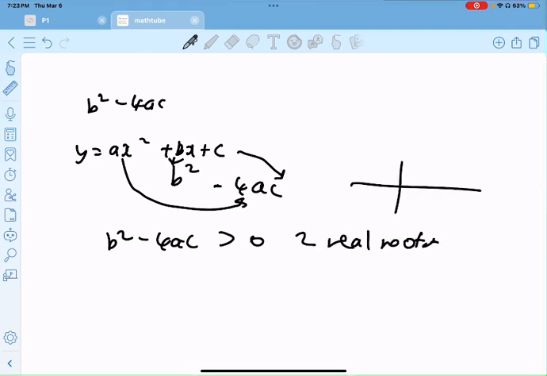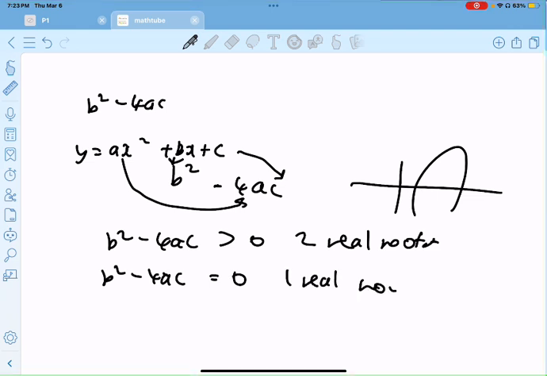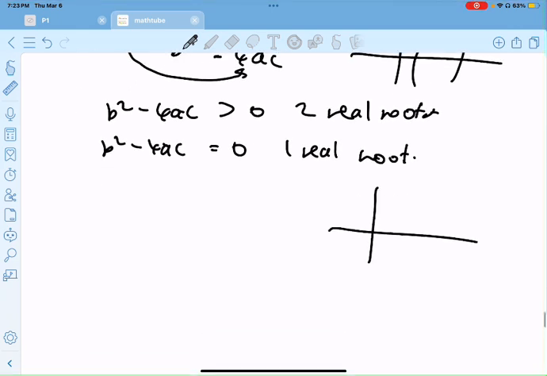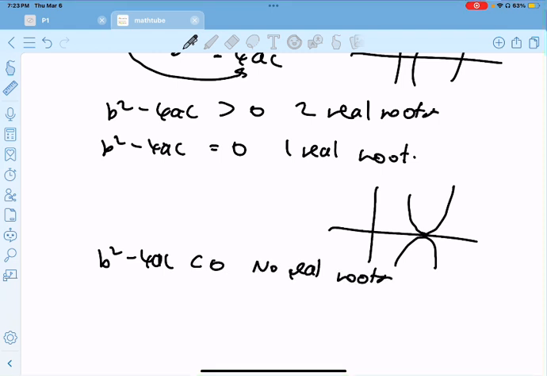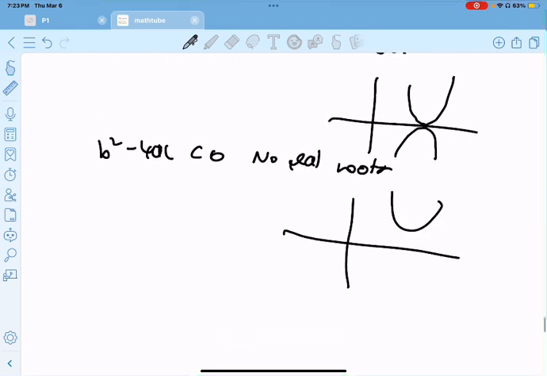That means the graph cuts the x-axis twice, either like that or like that. If b squared minus 4ac is equal to 0, that is 1 real root. So it'll look like this, either like this or like this. It'll just be touching the x-axis once. And if b squared minus 4ac is less than 0, that means no real roots, and your graph is basically going to look like this or like this.